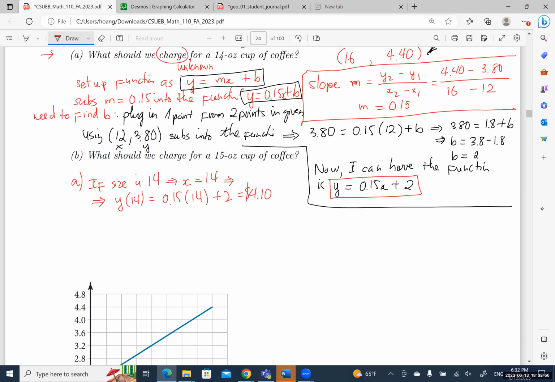So that means the price will be 4.10 when the size is 14 amps.